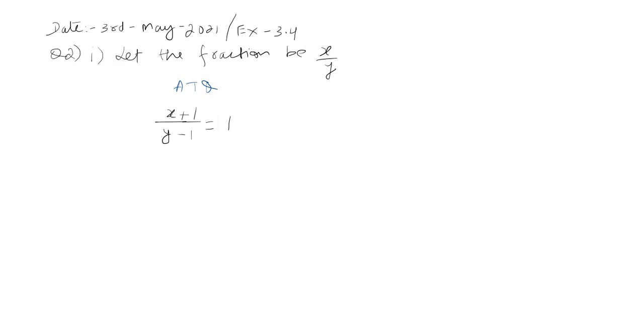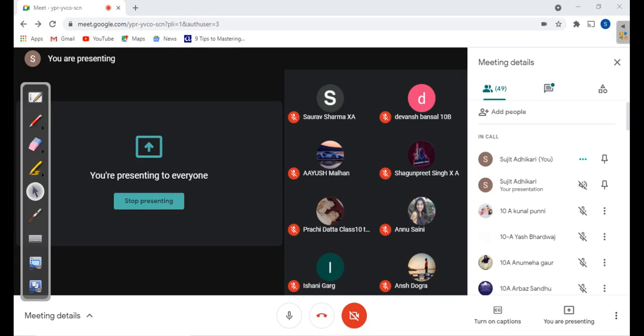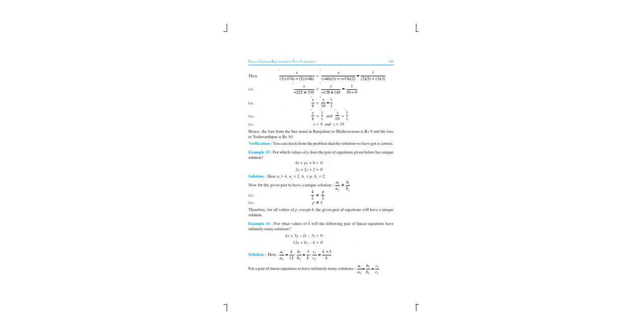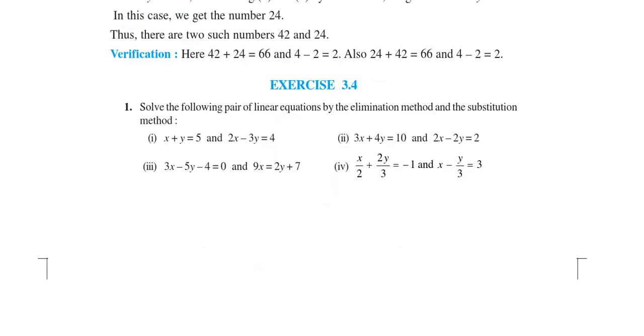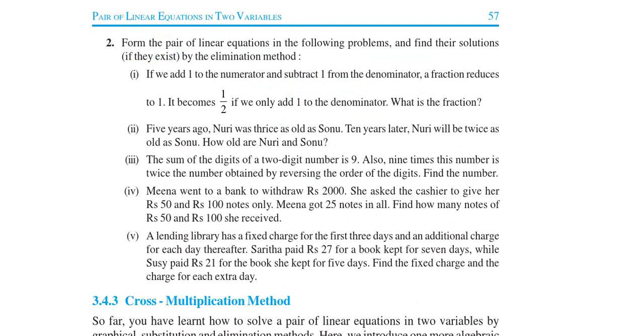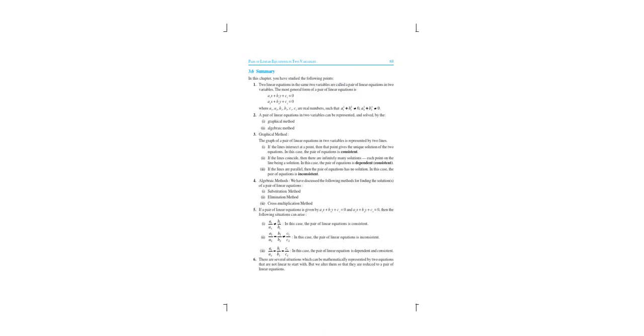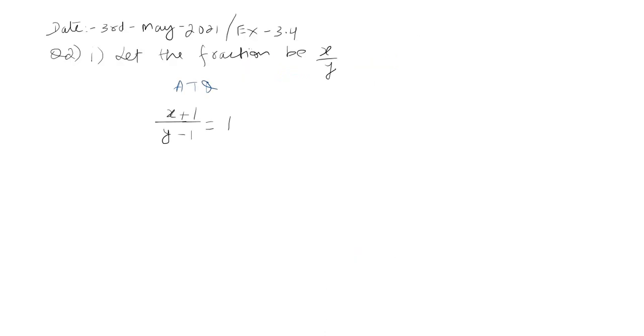It is written in the statement, right? Let me show you the statement again. Yes, you can see: if we add 1 to the numerator and subtract 1 from the denominator, it becomes 1. And if you add 1 only to the denominator, it becomes 1 by 2. So before we do the second equation, let's simplify this and make a linear equation out of it, because it's not looking like one yet.